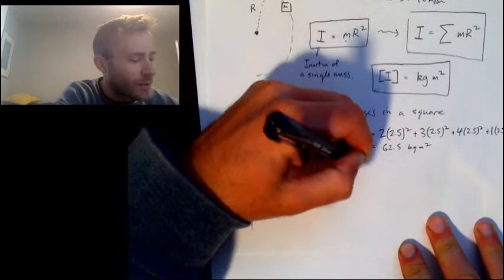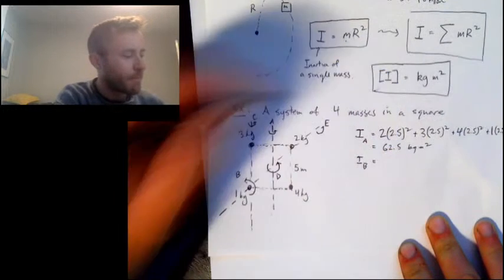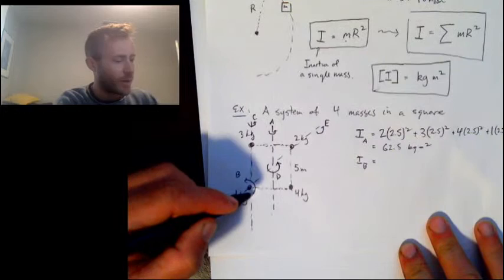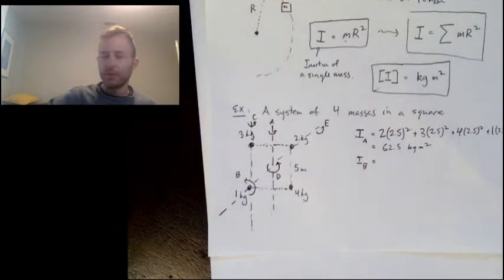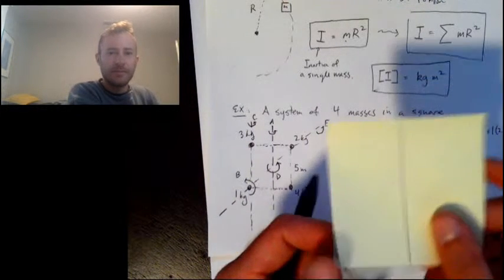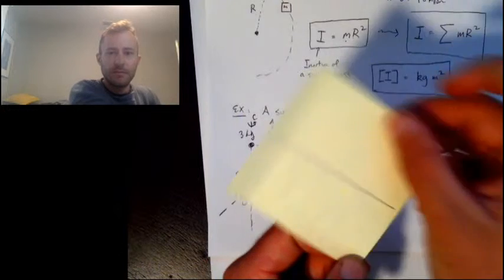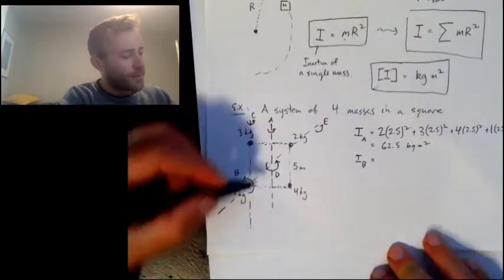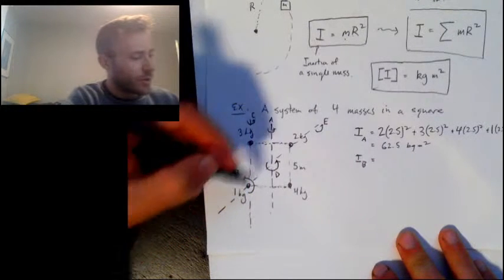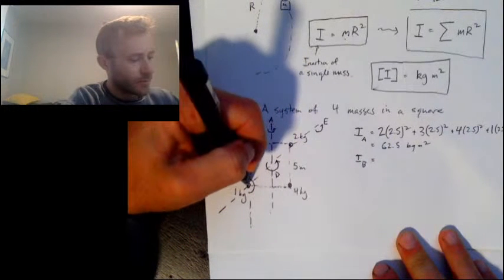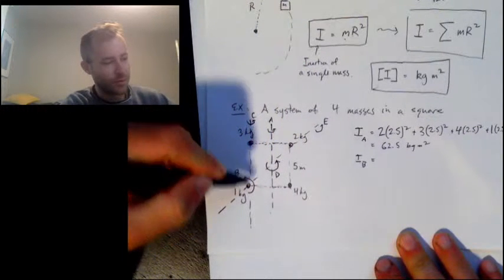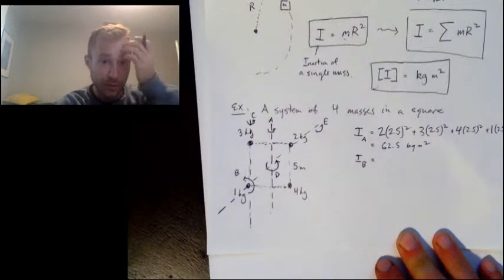Now let's think about axis B. Axis B is rotating it about, remember, that was the one that was like this. So if I look at the 2 kilogram mass, see how the 2 kilogram mass is on the opposite corner of the square.